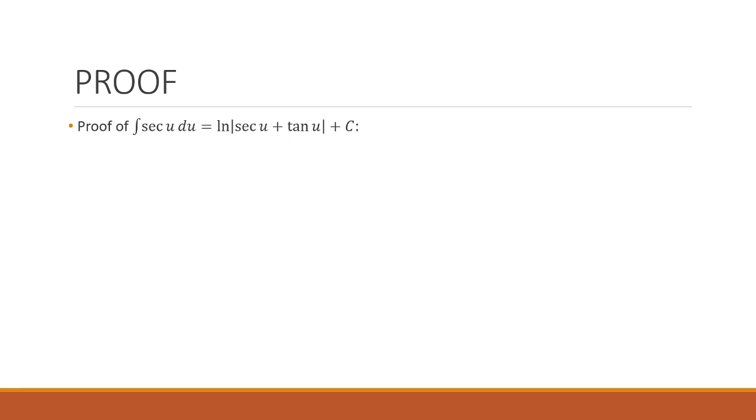Okay? So let's start with secant. Our goal is to prove that this holds true for secant. If we try to apply the same technique previously used for the tangent integral, using an identity, then in this case the reciprocal identity of secant is 1 over cosine.